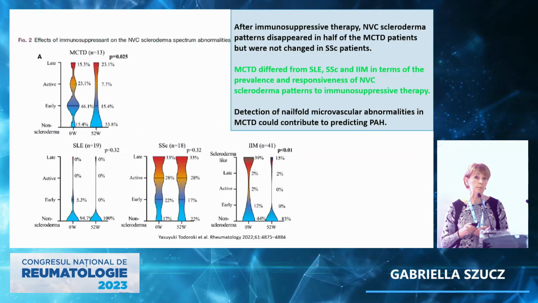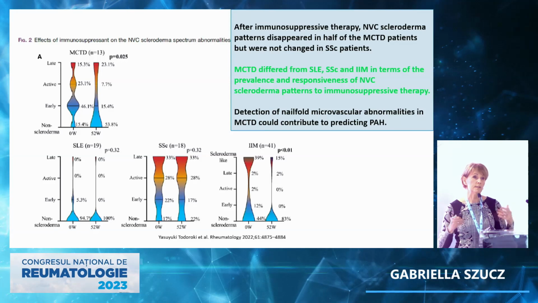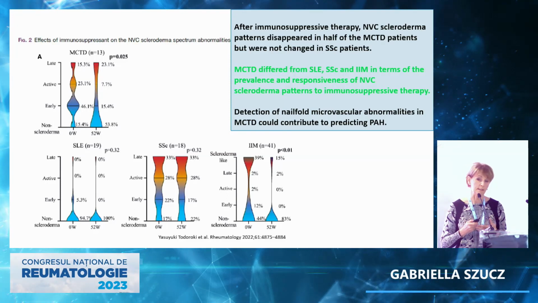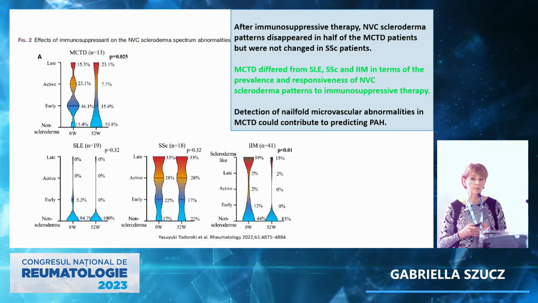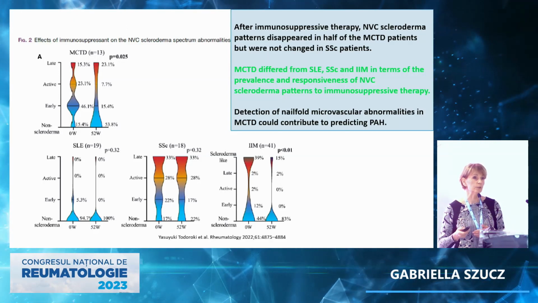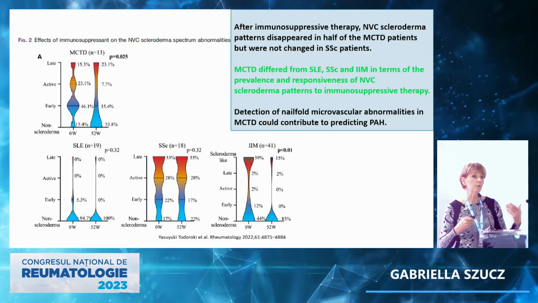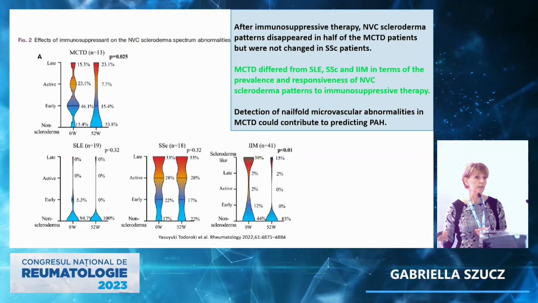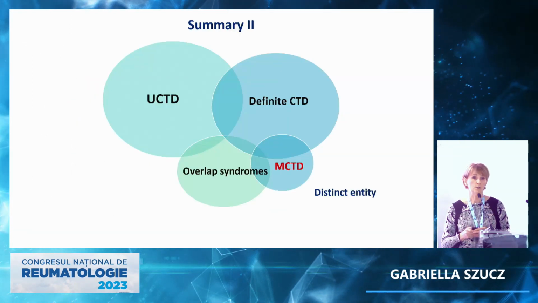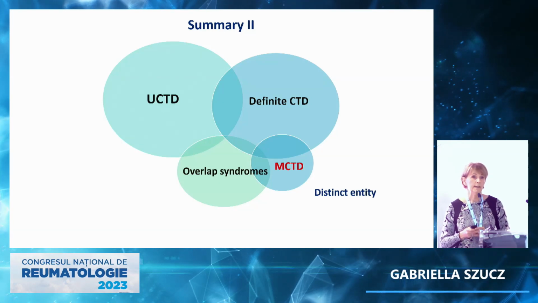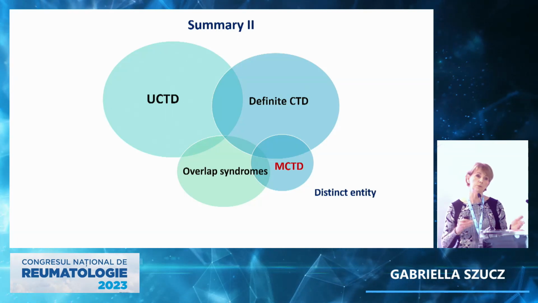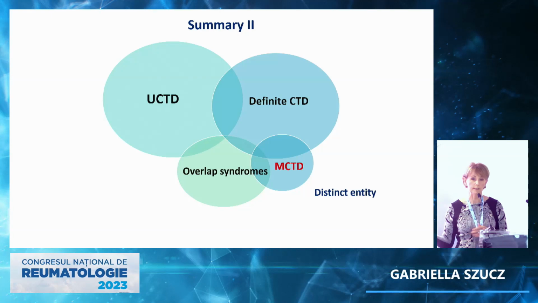And after immunosuppressive therapy, this study showed that MCTD differed from SLE, systemic sclerosis and myositis, because improvement of nailfold capillaroscopy abnormalities was seen only in MCTD patients. So after all, we can say that MCTD is a real, distinct entity, which is different from UCTD and from the other connective tissue diseases.